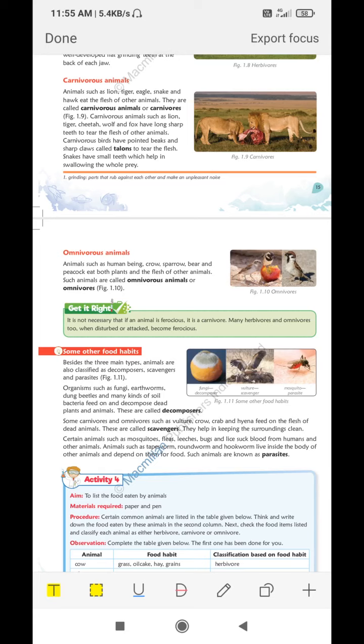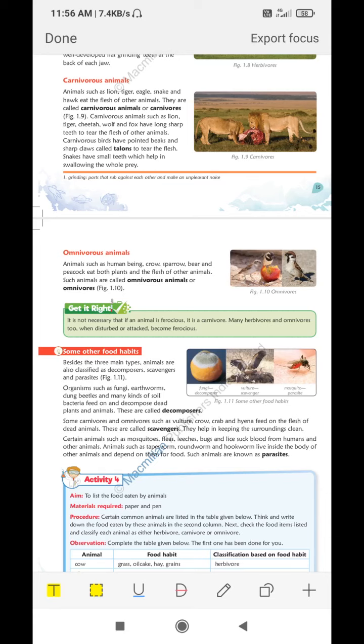Parasites: tapeworm, roundworm, hookworm live inside the body of other animals. They depend on other animals and they select the place like that. And some will suck the blood from human beings like mosquitoes, leeches, bugs.